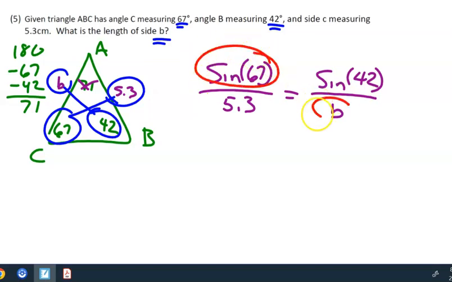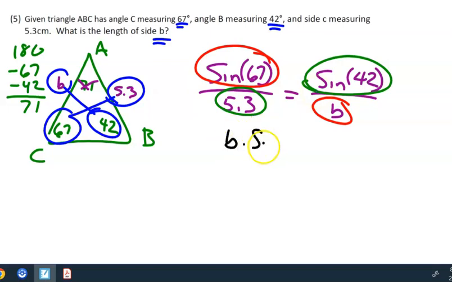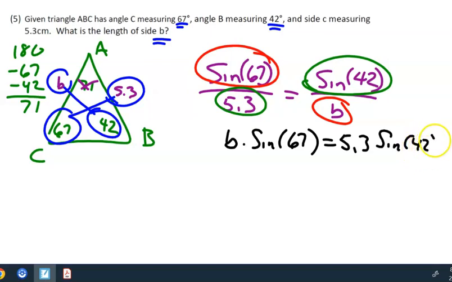Alright, so the cross multiplication, we multiply those two things together in red and the two things in green. So B times the sine of 67 degrees is equal to 5.3 times the sine of 42 degrees. We'll be dividing both sides by the sine of 67 degrees so that we get B by itself.